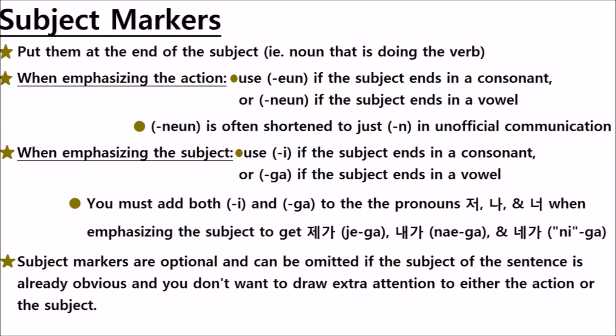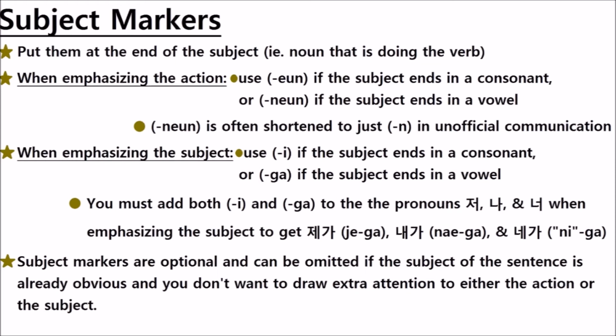So subject markers, in sum, put them at the end of the subject, i.e. the noun that is doing the verb. When emphasizing the action, use 은 if the subject ends in a consonant, or 는 if the subject ends in a vowel. 는 is often shortened to just ㄴ in unofficial communication. When emphasizing the subject, use 이 if the subject ends in a consonant, or 가 if the subject ends in a vowel.